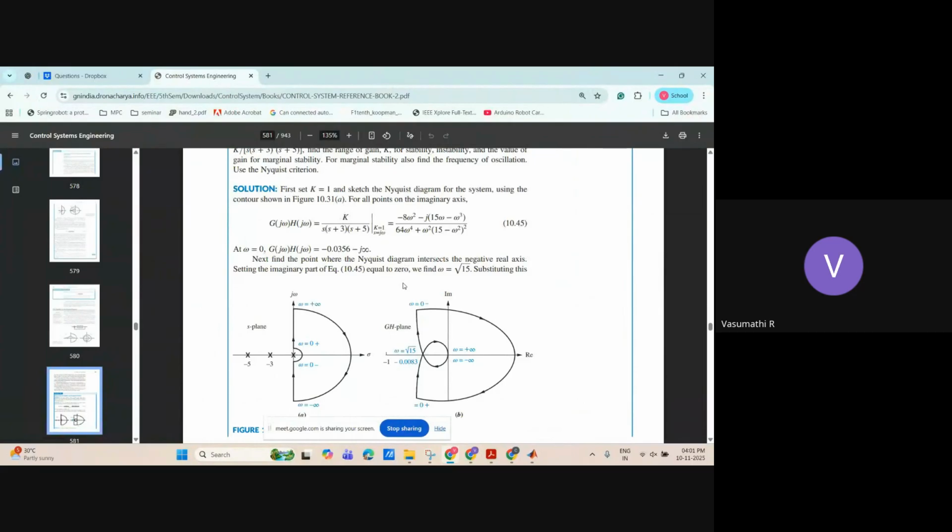So this is your root locus plot and this is your Nyquist diagram. If you see closely, this is the direction.